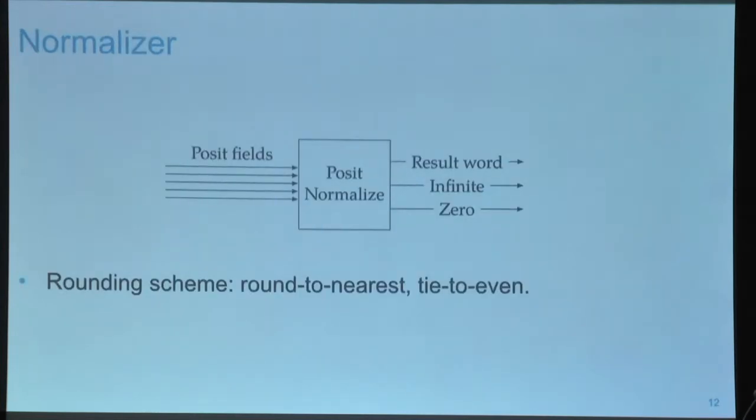After doing accumulation, we can have a very long quire register that we have to pack back into a normal Posit. But we still want to retain this control information if we do additional operations after this, that we might just skip because things are zero or not a real. The rounding scheme that's being used here is round to nearest, tied to even.